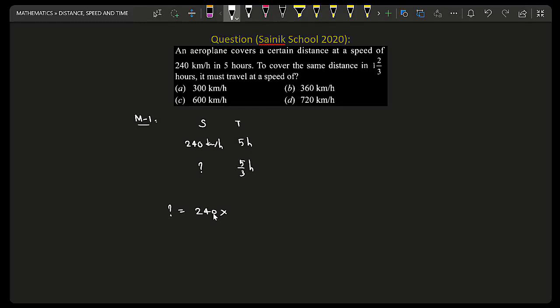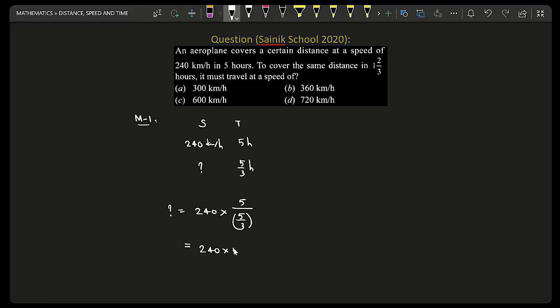Which is more and which is less here? 5 is more and 5 by 3 is less. So can I go for 5 divided by 5 by 3, like this? Yes, sir. Now simplify this. How to simplify? 5 divided by 5 by 3 becomes 5 into 3 by 5.